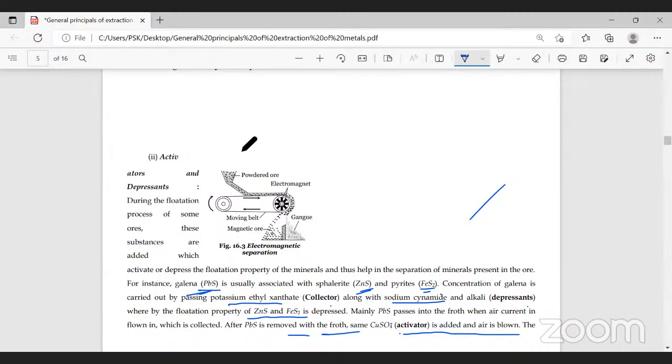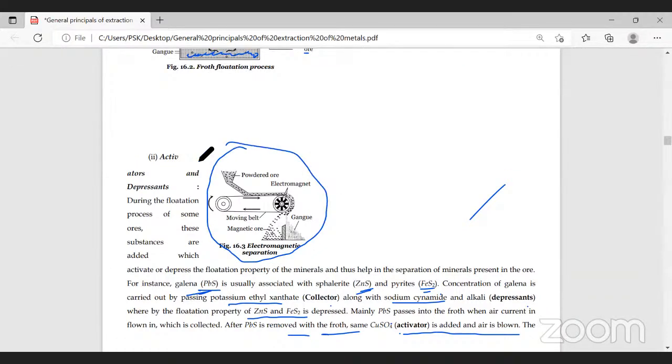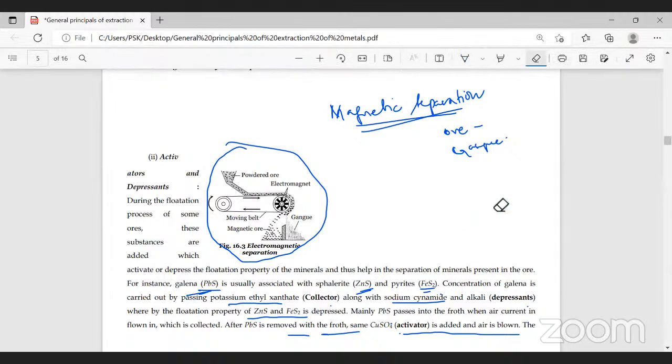Now, this picture should have been given for the third method of concentration, that is called magnetic separation. This magnetic separation is performed when either the ore or the gangue is magnetic. Any one can be magnetic. Then we can concentrate the ore by magnetic-based separation.